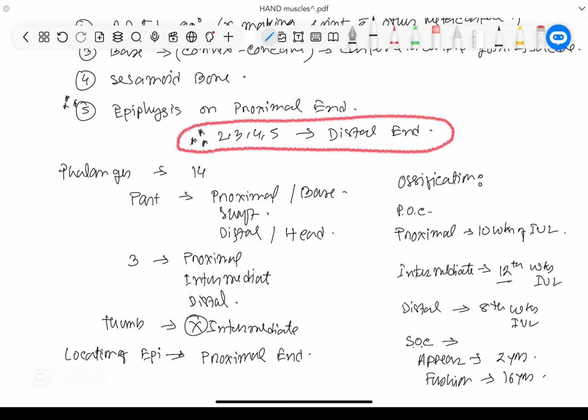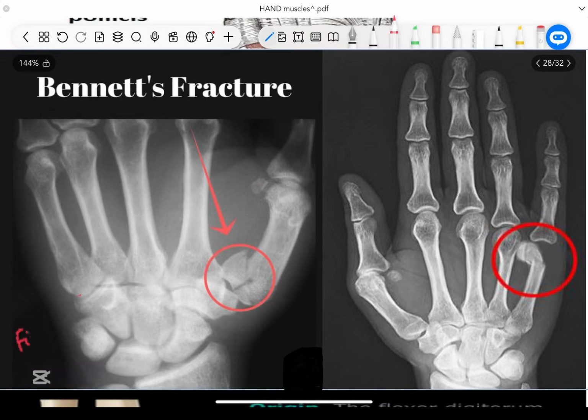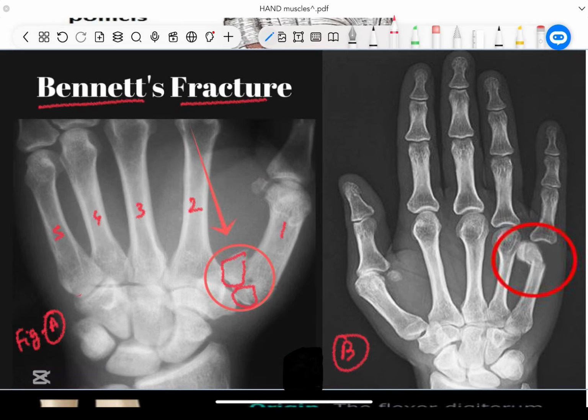Now, let us see the radiological information related to the metacarpals. First, let us make this figure A and this is figure B. On figure A, you can see the first, second, third, fourth and fifth. The first metacarpal base has a fracture. A fracture of the base of the first metacarpal is called Bennett's fracture.